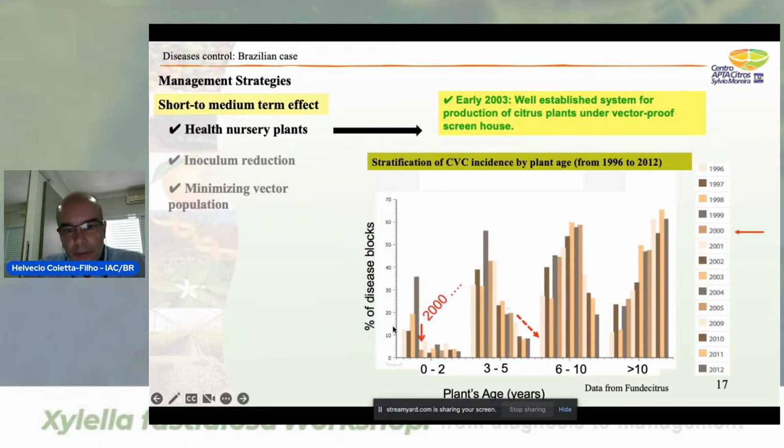Here you can see the disease incidence by year and according to the plant's age. After 2000, the incidence of the disease in the youngest plants, like 3 to 5 years old, was significantly reduced.